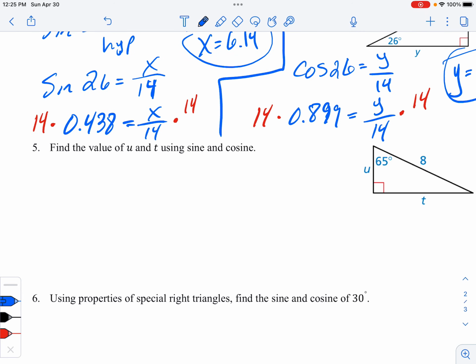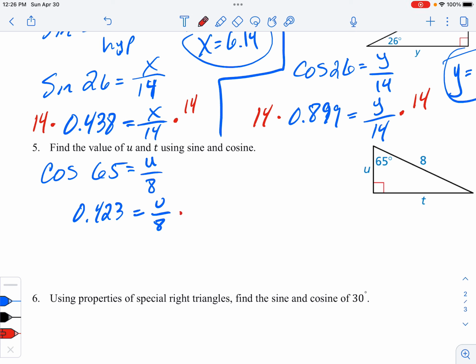So my equation I would set up would be cosine 65 equals u over 8. Cosine of 65 goes into the calculator, 0.423 equals u over 8.